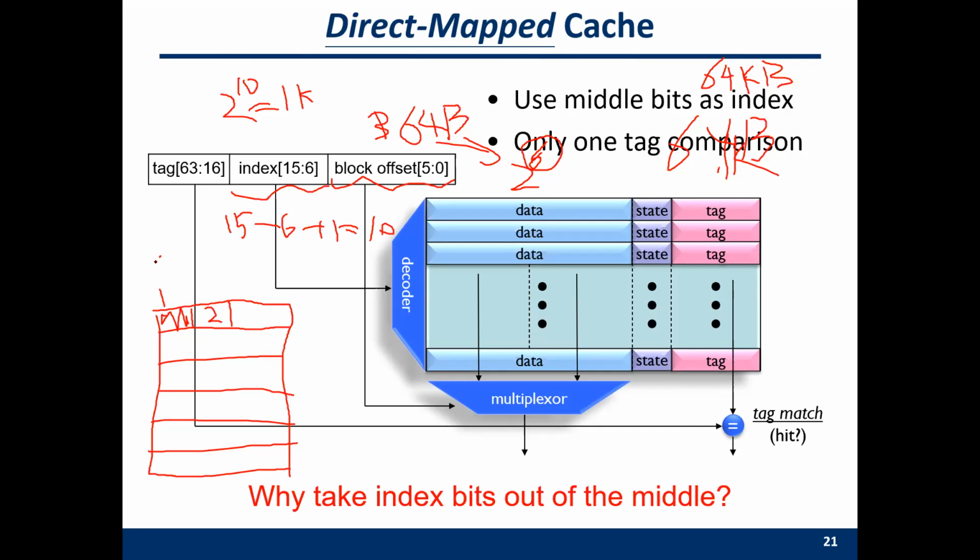And each block is 64 bytes, which means that the address of the first block is from 0 to 63. Then the starting byte of the second one is 64 bytes to 127 bytes.